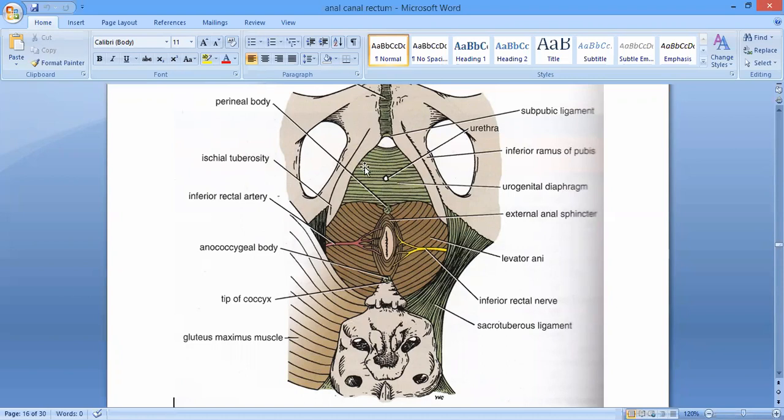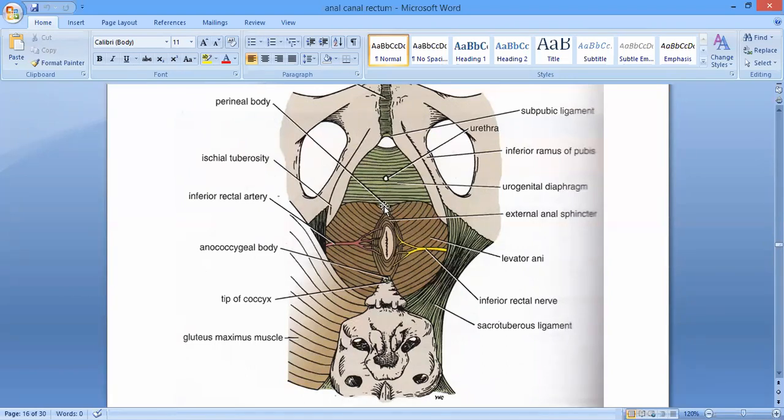About 10 muscles converge over this body. The perineal body occupies the central position in the pelvic diaphragm, because it gives stability, or support, to the anal canal in this region.